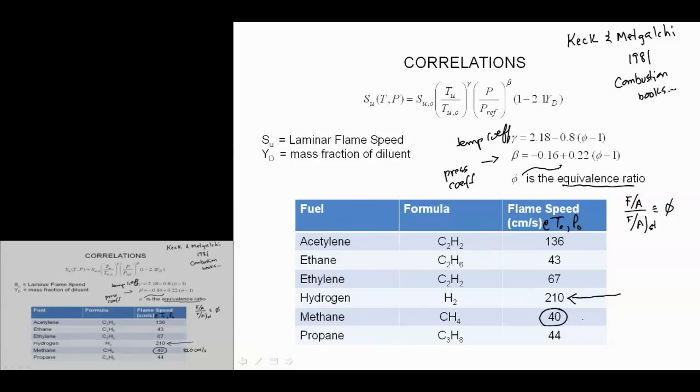Well, hydrogen is already at 210, so when you put a factor of 8 on 2 meters per second, you have a very significant expansion velocity. And acetylene is another one that is very dangerous because it has a very fast flame speed.